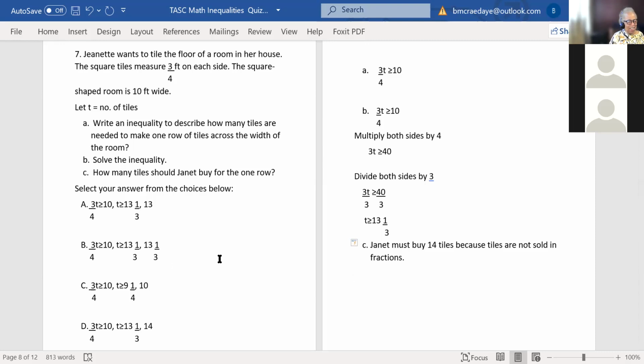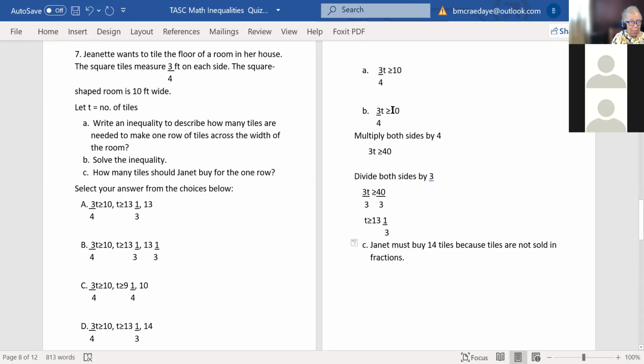How did you get 9 and 1/4? I don't know. You guessed. Oh, you didn't solve this inequality. But see, it said solve the inequality, Maureen.